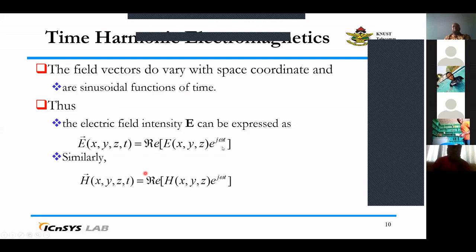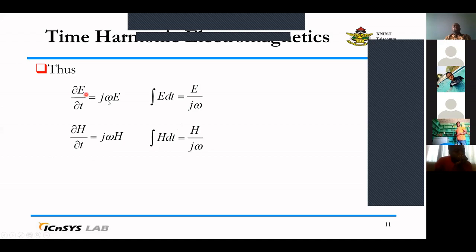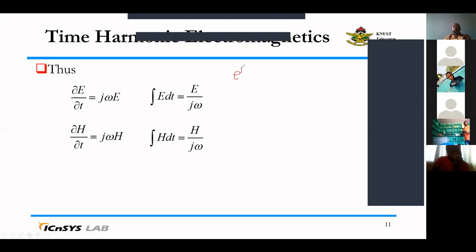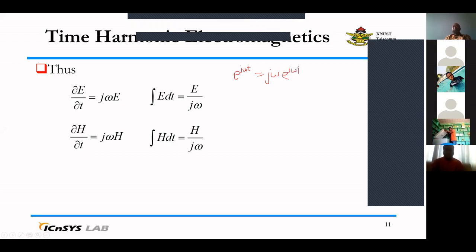For time harmonic electromagnetics, if E equals E e to the j omega t, and you differentiate it, del E del t, you have j omega times E. Why is that the case? Because if you differentiate e to the j omega t with respect to t, this will be equal to j omega again times e to the j omega t.